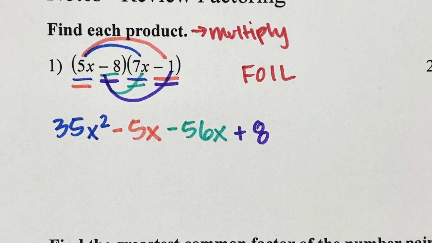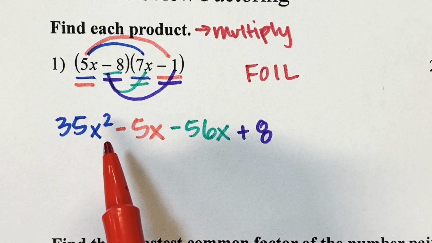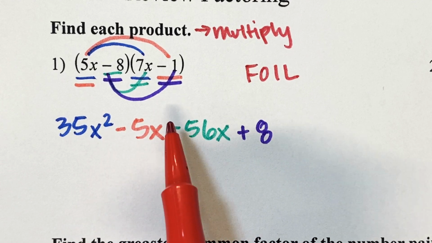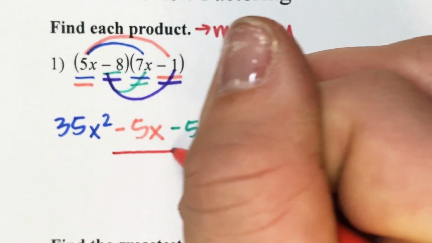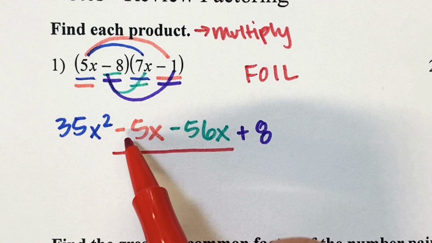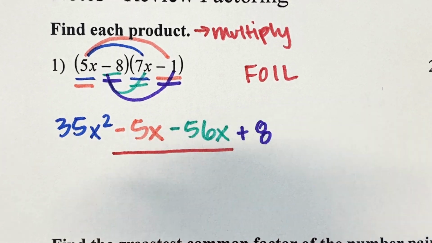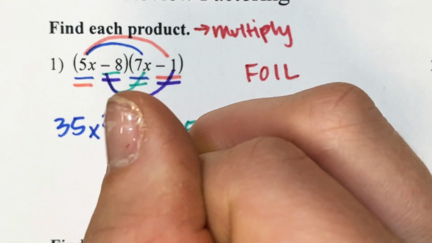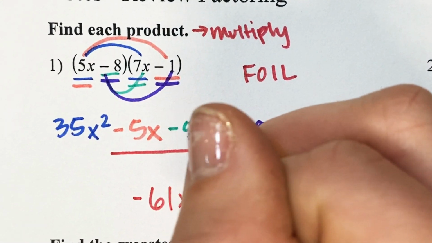We're almost done. Our very last step is to combine like terms. A like term has to have the same variable, but it also has to be to the same power. So we cannot combine squared powers with just to the power of 1. Our only 2 terms we can combine are the 2 terms in the middle with just 1x. Negative 5 minus 56 more is going to give me negative 61x.